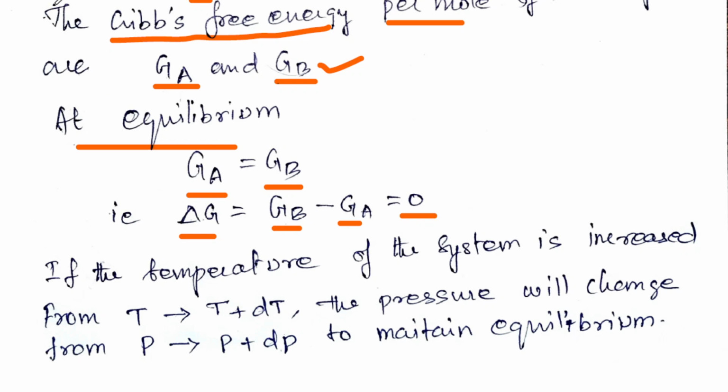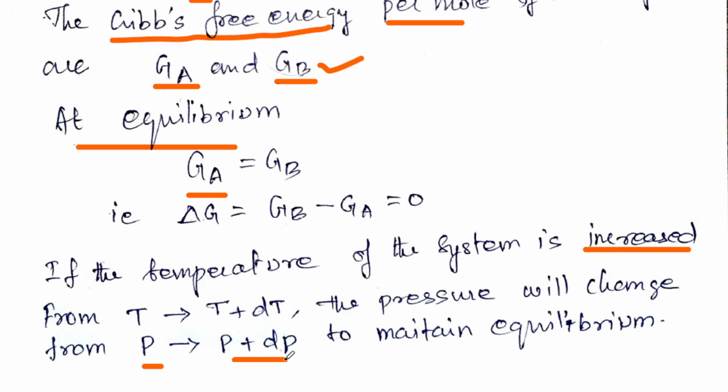Now we are going to increase the temperature of the system. For example, let us increase the temperature from T to T plus dT. The pressure therefore will change from P to P plus dP.